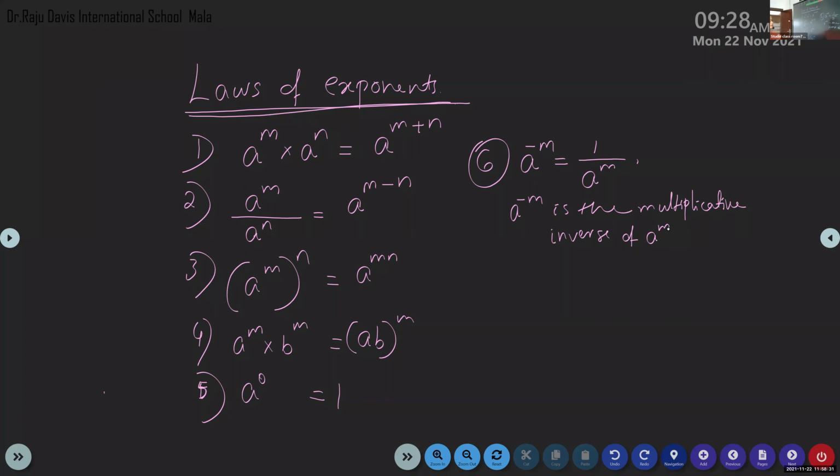A raised to minus m is the multiplicative inverse of a raised to m.